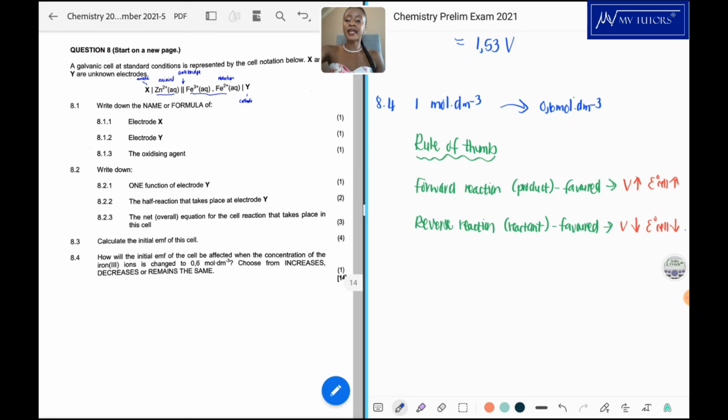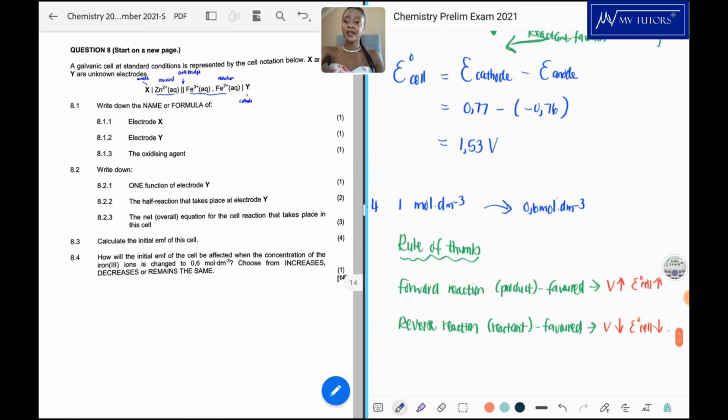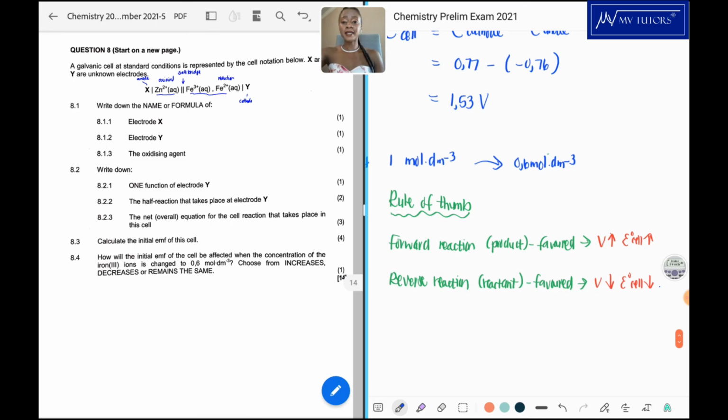So in our case, like we said here, the iron 3 plus concentration reduced. So according to Le Chatelier, it became reactant favored. And then what will happen is your reading on the cell, your voltage, will actually decrease. So they say, how will the initial EMF of the cell be affected when the concentration of iron 3 ions is changed from 1 to 0.6 mole per cubic decimeter?